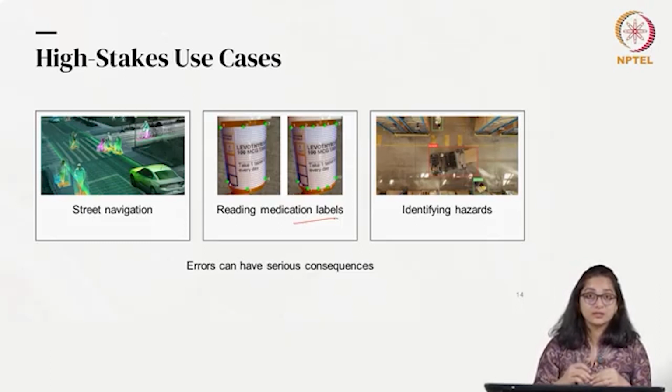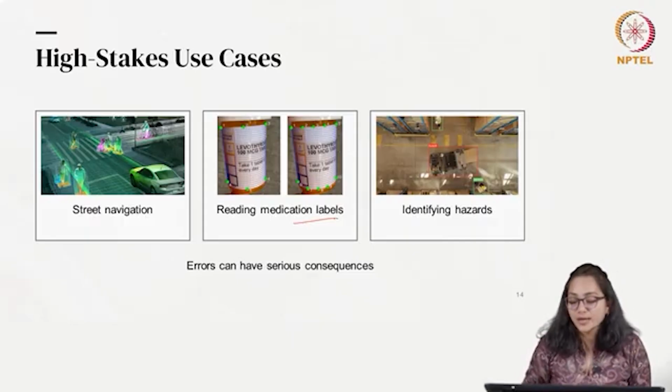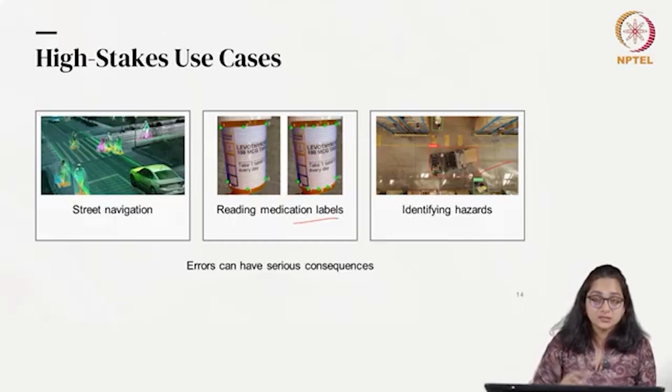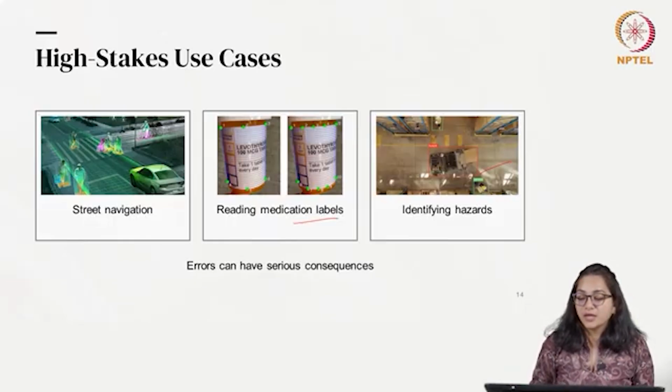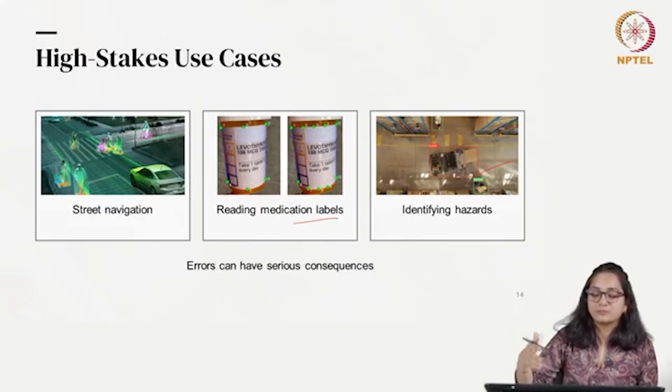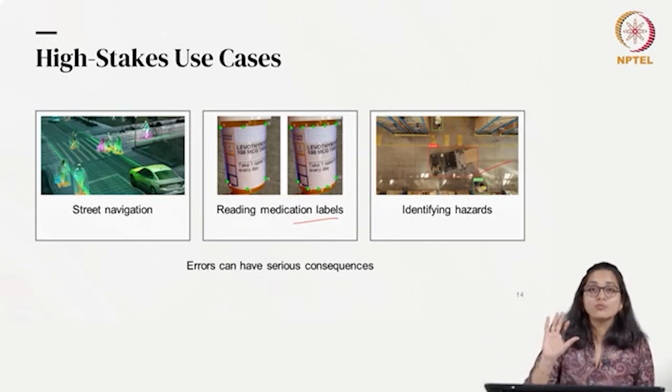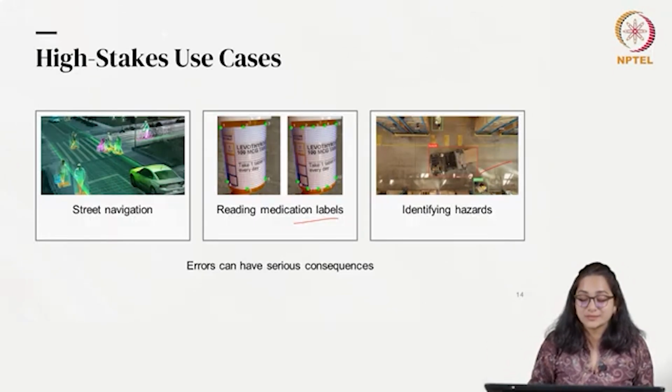So all that label reading, it can be really helpful for, and computer vision applications can do that. Other than that, it can help you in identifying hazards. So if there is a forklift, for example, something is going to ram into something else, it can warn the systems and stop the car or stop the forklift from ramming into the shelf, for example.